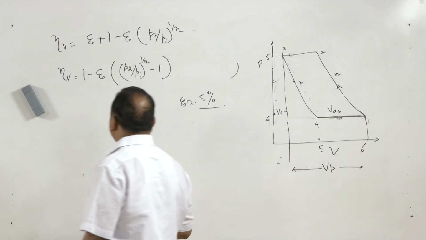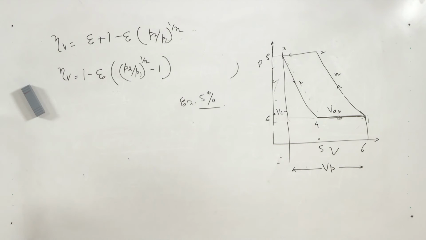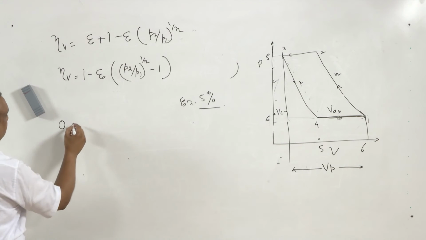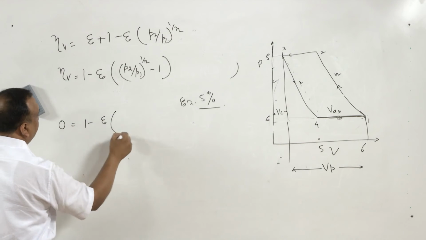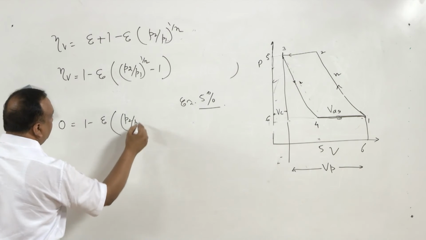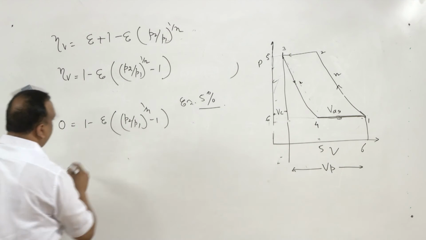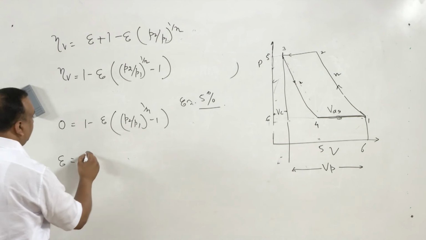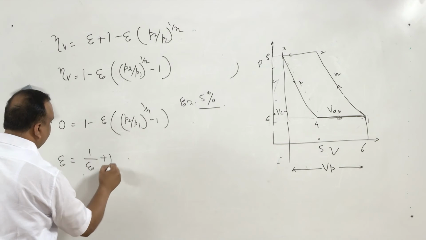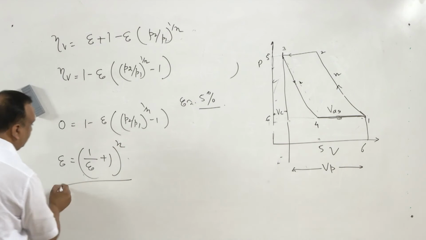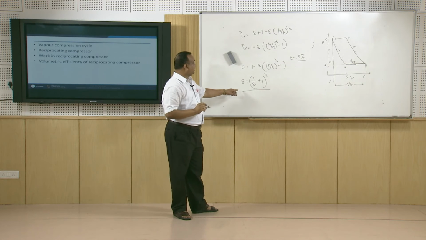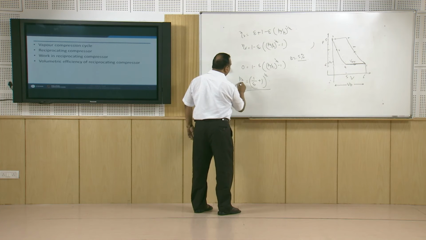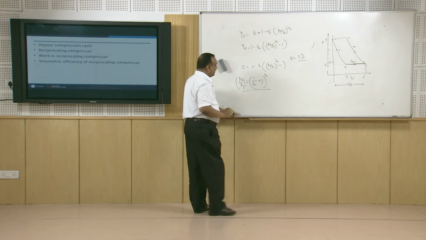Regarding P2 and P1, there may be a situation when volumetric efficiency is 0. Now, if the volumetric efficiency is 0, in that case, the value of the pressure ratio, not clearance ratio, pressure ratio, for a given clearance ratio.